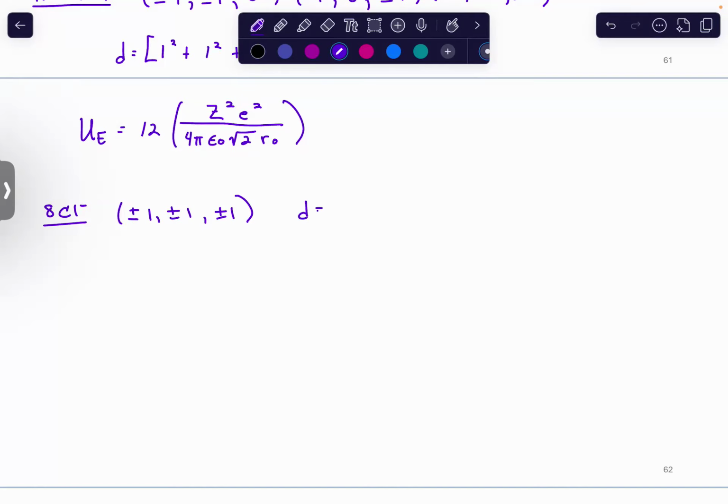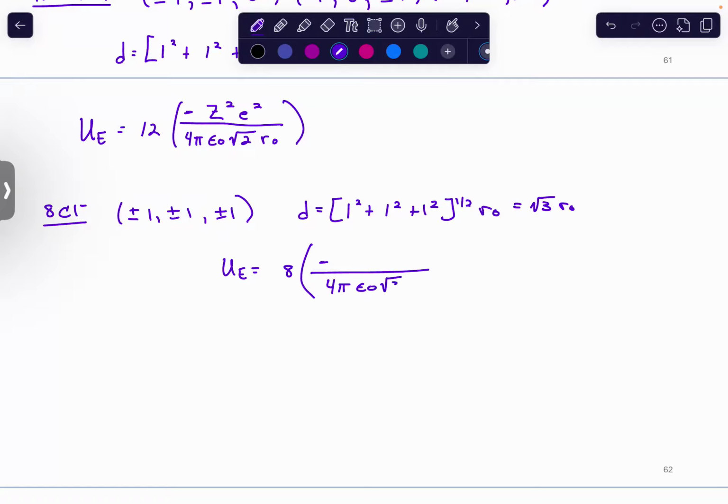So your D, this time we get square root of 3 R0, and a potential of 8. Don't forget the negative sign. Because we're building up to something here.